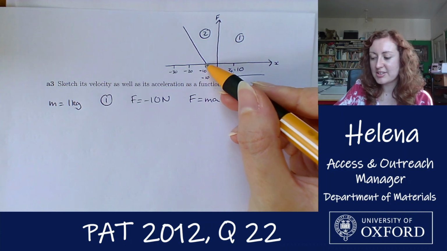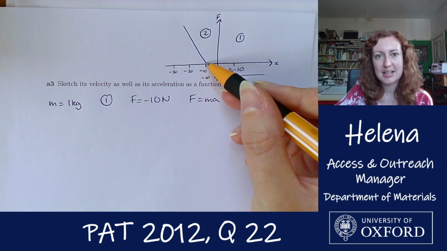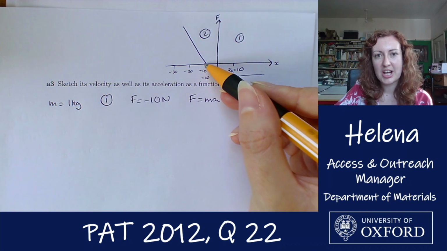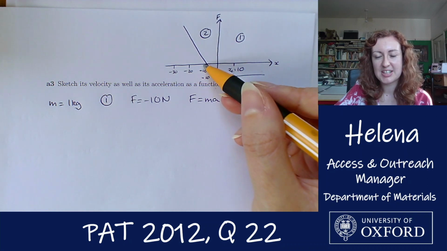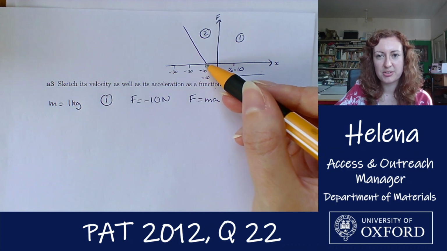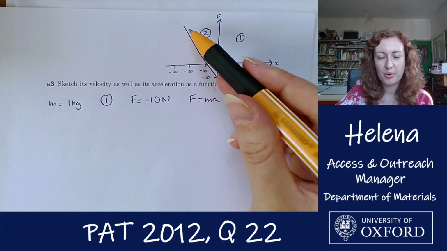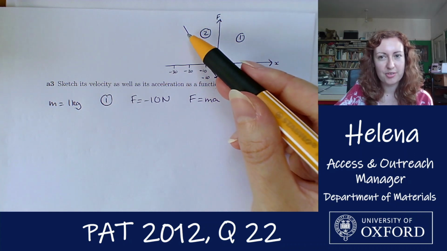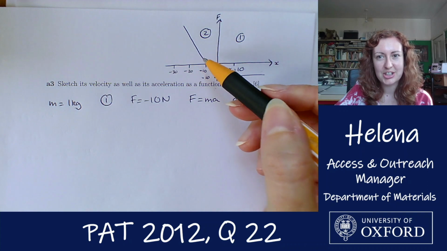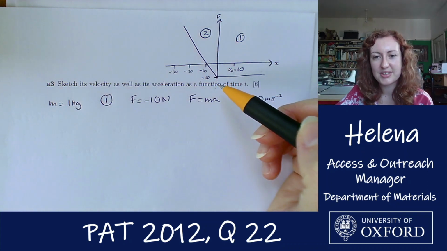And once we get to this distance of minus 10 meters here, we can see that the force changes direction. So the force now becomes positive, so it's acting upwards. So now we're starting to slow the particle down, slow the mass down, until we'll eventually bring it to a stop. And we've still got a force acting on it, so it's now going to change its direction, so it's now going to start moving upwards.